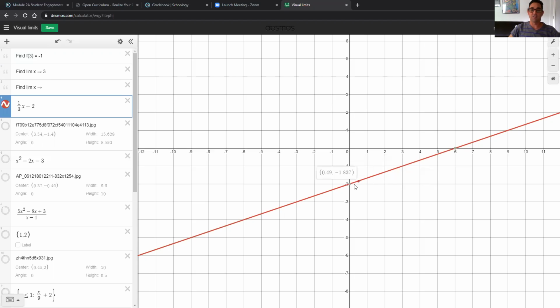Now notice as I drag this cursor down on Desmos, there's my point 3, -1, and the next point here is 0, my y-intercept 0, -2, and in between those points are a whole bunch of decimal points that we typically ignore because you kind of need a calculator to solve those points. Desmos does them for you.